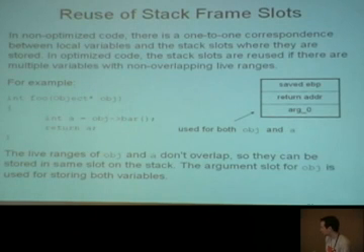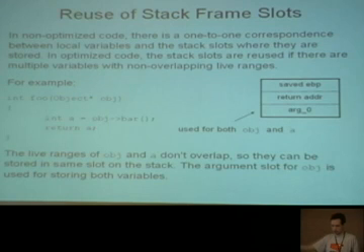The other optimization, which doesn't matter so much for reversing, but when you're debugging, it can be a pain in the ass, is the reuse of stack frame slots. Now, if you compile without optimizations, each local variable, each argument would have its own slot on the stack.